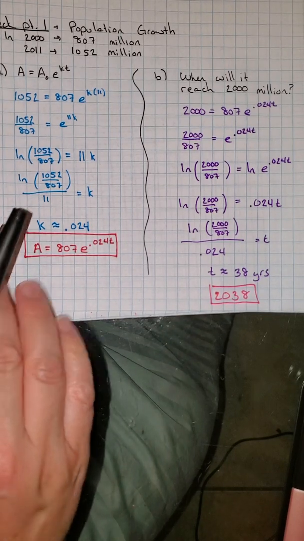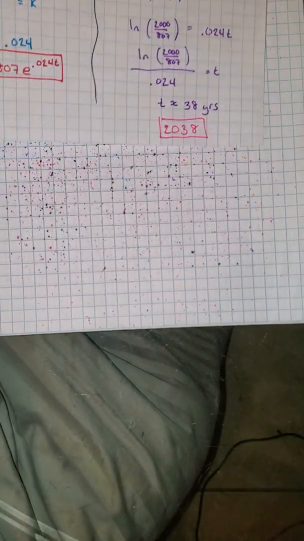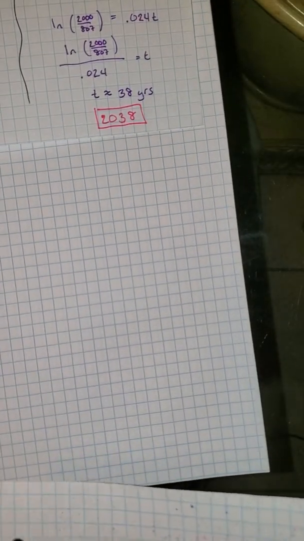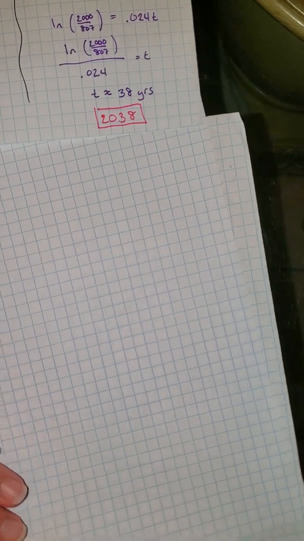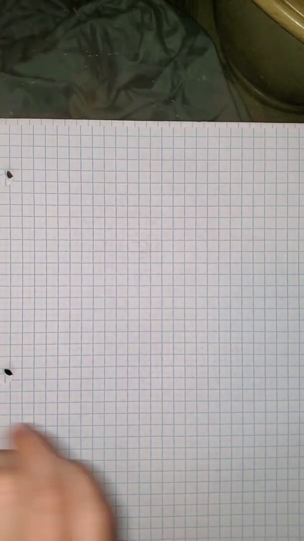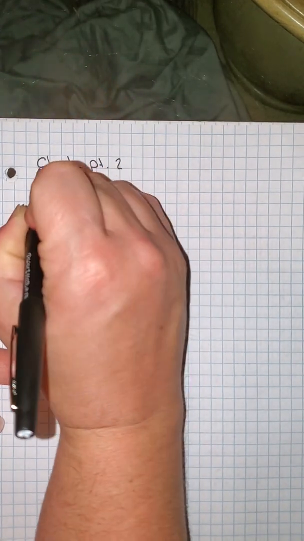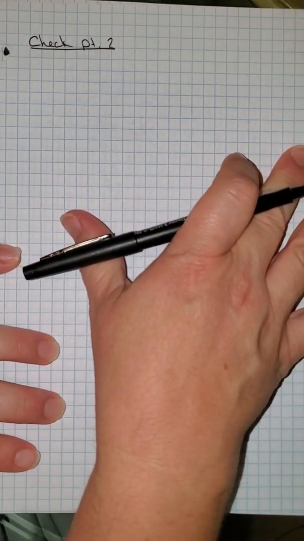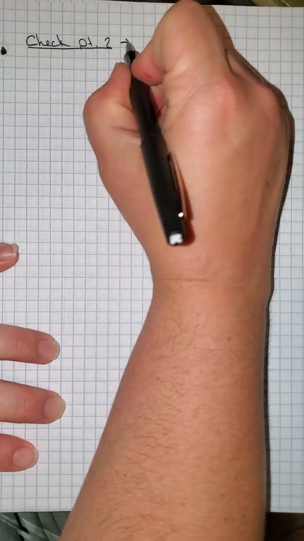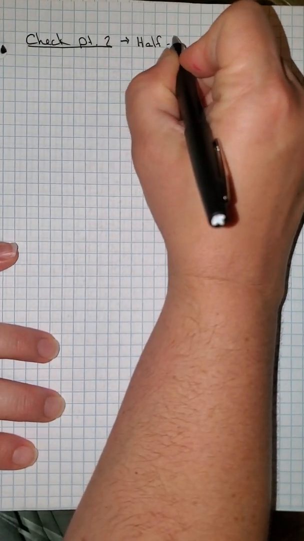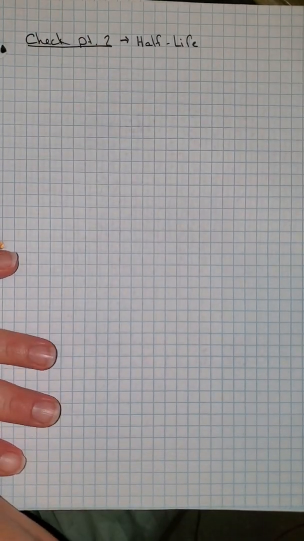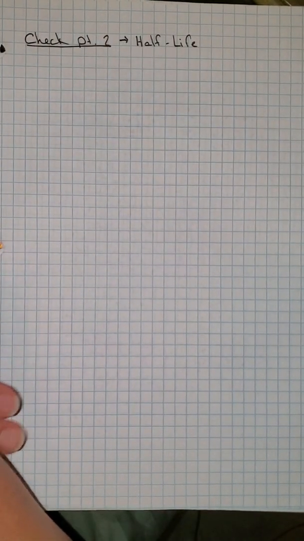All right, and then checkpoint 2 is going to be a half-life problem. Okay, for this one, it says strontium-90 is a waste product from nuclear reactors.